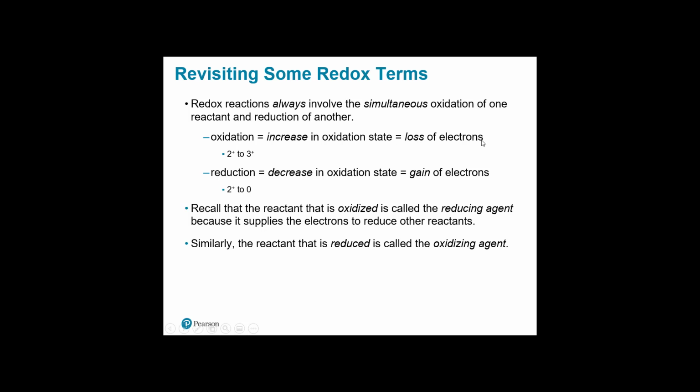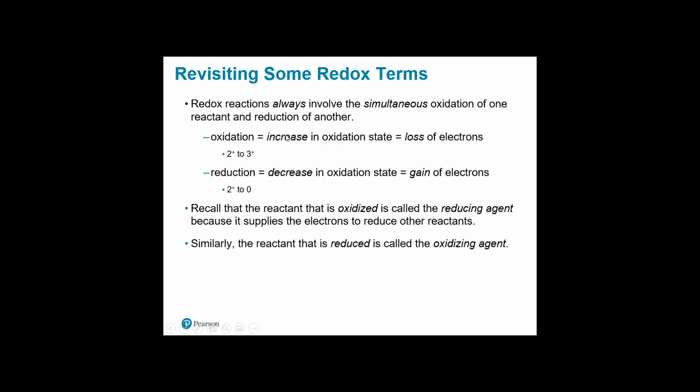So it's the opposite. Why is it called the reducing agent? Because this being oxidized allowed the other to be reduced. So it is a reducing agent. Because this is being reduced, it allowed the other to be oxidized. This is now the oxidizing agent. I do not know who made this stuff up. I think it's ridiculous. There could have been a better way, but I had to learn it too. That's the best I can tell you.